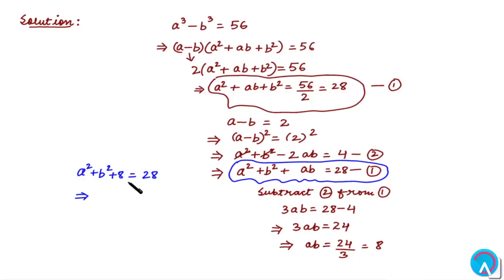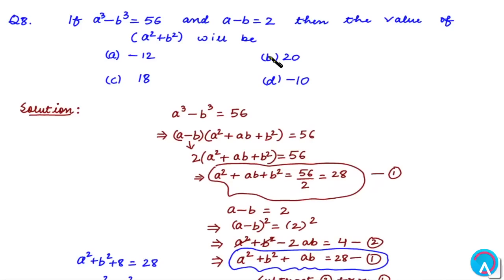So very easily from here we can find the value of a square plus b square as 28 minus 8 is equal to 20. And this is exactly what we had to find in the question. So let's look at the options once again. We've got the answer as 20. That means B is the correct option here.